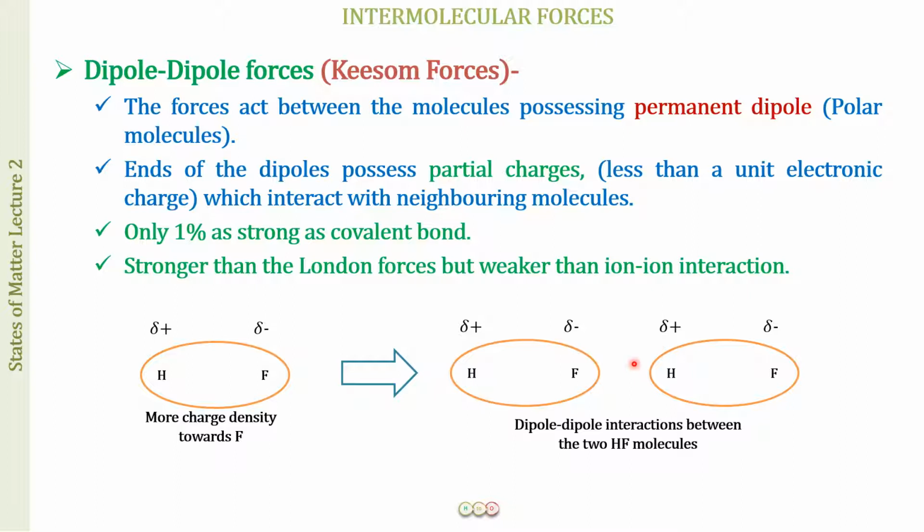So these forces are going to be definitely far stronger than the London forces, but they will be weaker than the ion-ion interaction, that is in the case of the ionic bond. In the ionic bond, there is a complete transfer of electrons, so these are going to be strong electrostatic forces of attraction. The covalent bonds are also going to be strong. Then we will be having these dipole-dipole forces, and then the London forces are going to be the least of all these four. Okay, I hope this is clear.